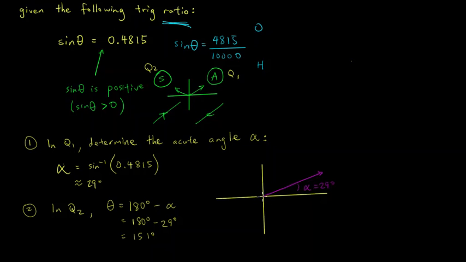And that also represents theta 1, or the first possibility for theta. Your other angle in quadrant 2 is going to be 180 degrees minus alpha, so this is also going to be 29 degrees, the related acute angle alpha. And this over here is going to be 151 degrees.